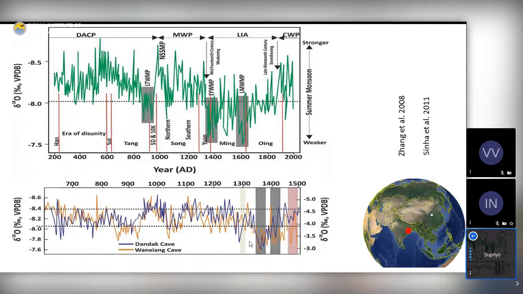During this Little Ice Age period, we see that both the values show similar variations, and the increase in value represents the decrease in rainfall during this time period, approximately from 1350 to about 1400 AD.